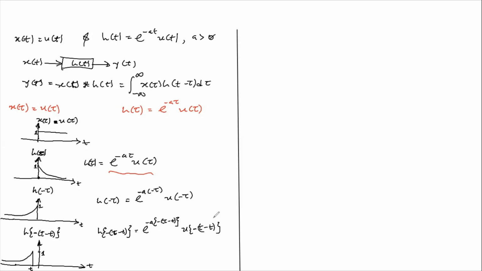So if we expand this, what we have here is the same as h of t minus tau, because minus times minus gives plus t.